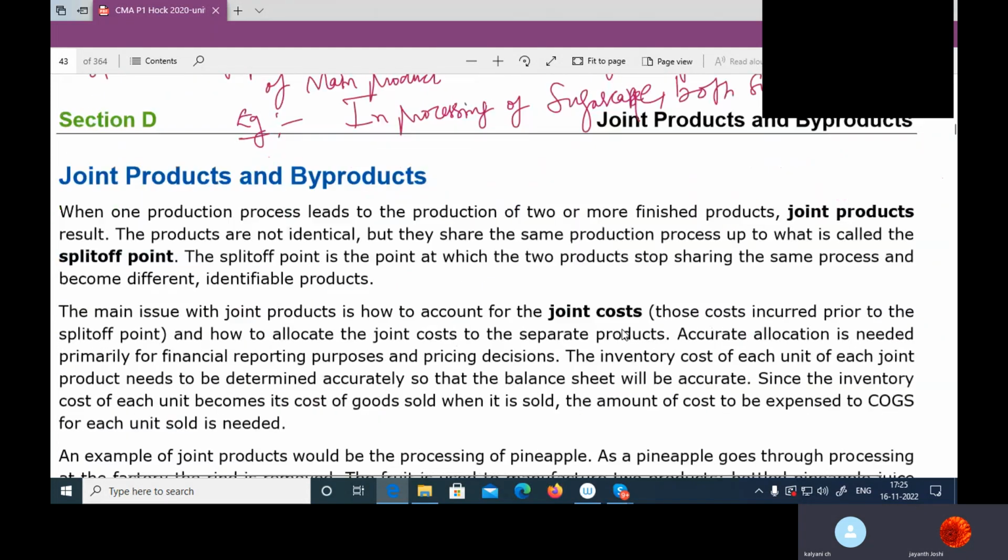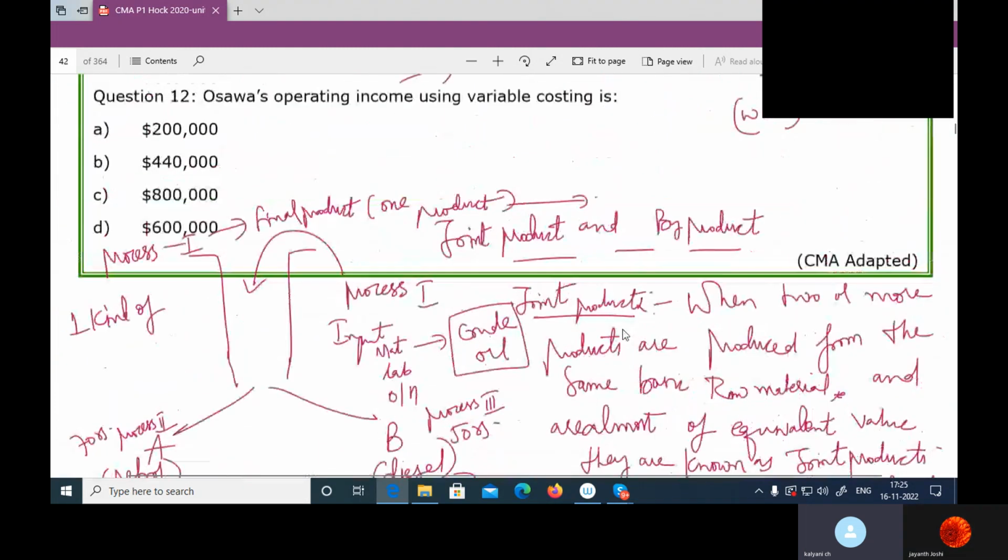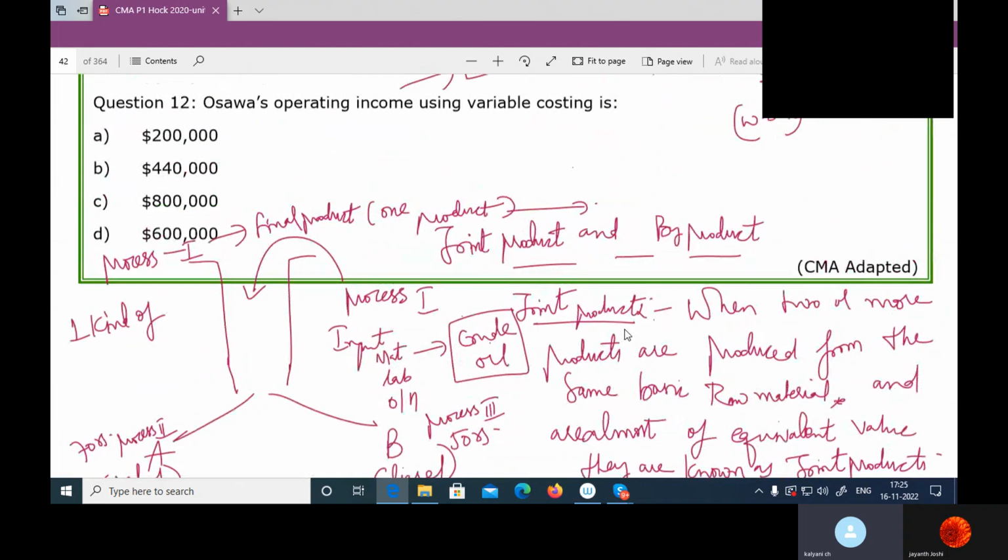Sir, one more doubt. For this byproduct, we sell it and get some amount, no? Yes. This amount we can show in the profit and loss account also. Is there any accounting transaction for this? That is negligible. Actually, accounting would be there for everything.